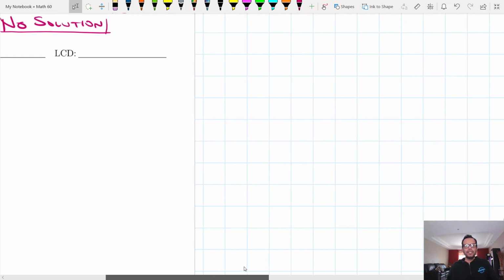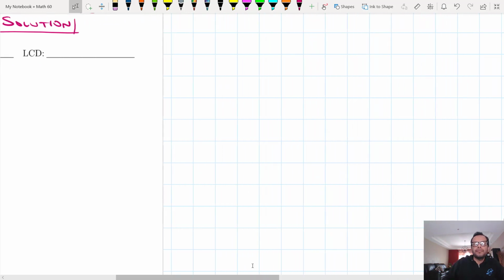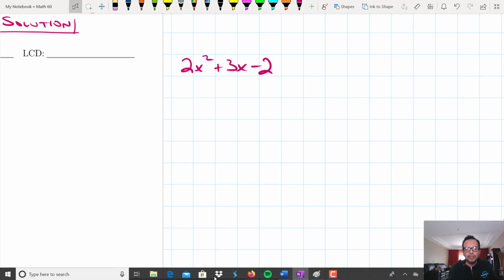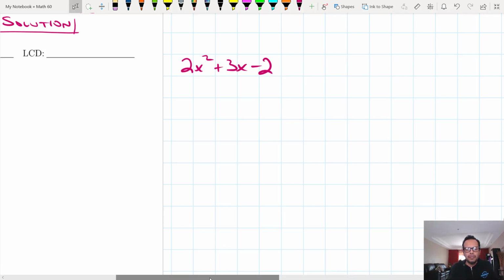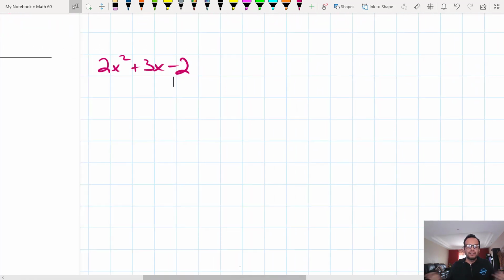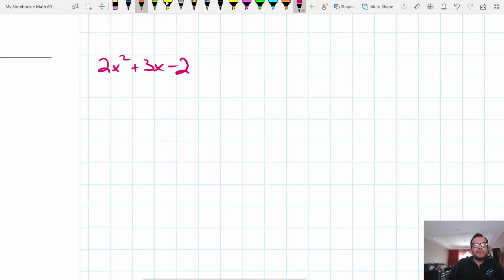Okay, so let's see. I'm going to do the factorization of that 2x squared plus 3x minus 2. Okay, let me verify I did it correctly. Okay, 2, plus 3, minus 2, correct. All right, and I'm going to use the diamond method for this.